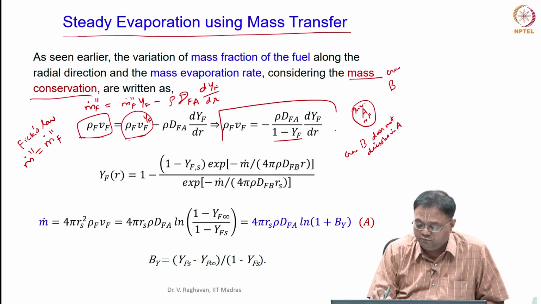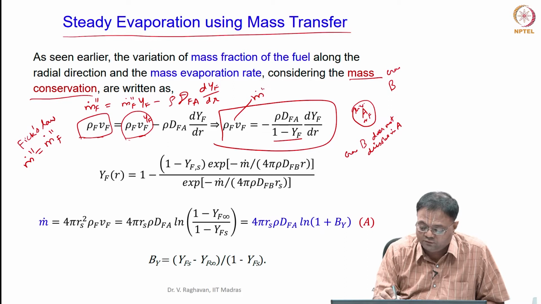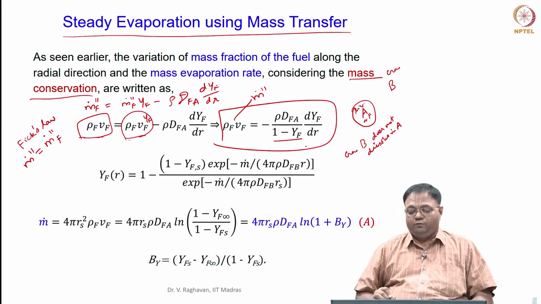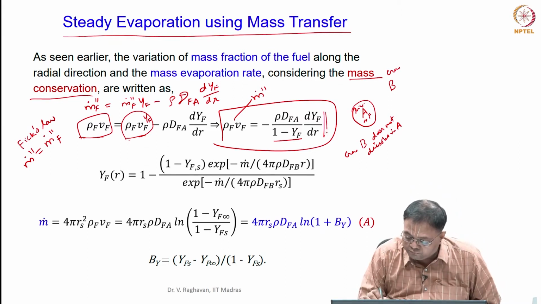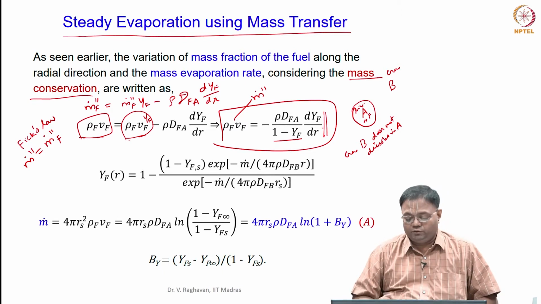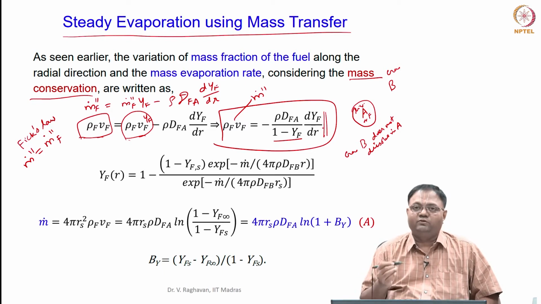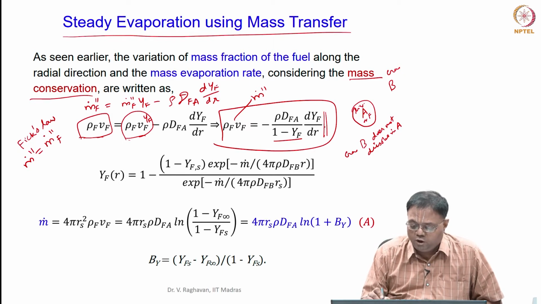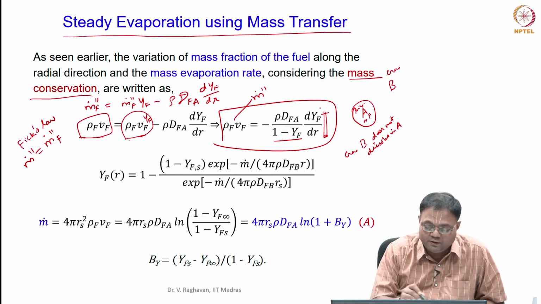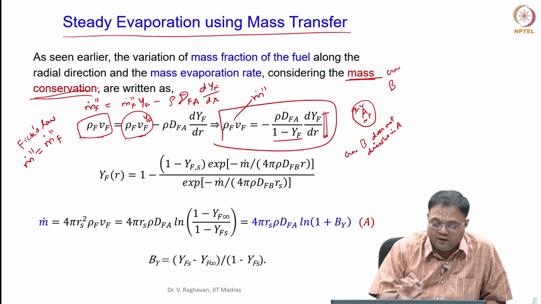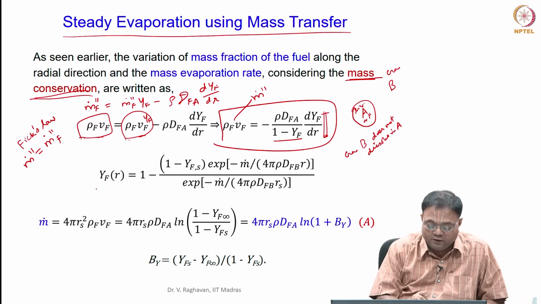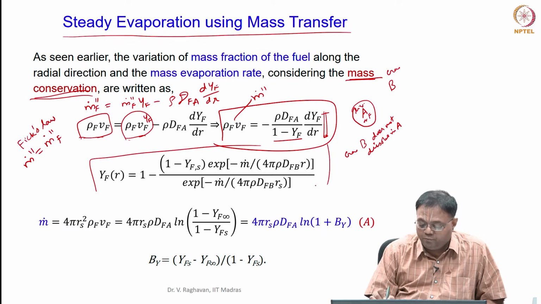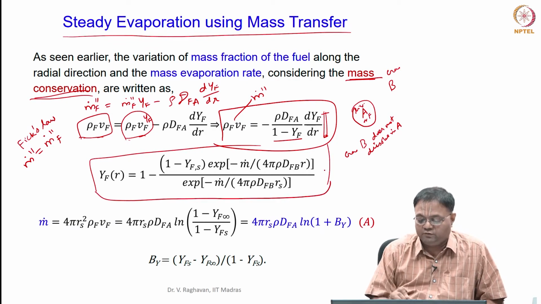So, the total mass flux will be written in terms of the gradient of the mass fraction. If you apply this to the surface, you will know the mass flux. Now, this is the equation we got from the mass conservation, and by integrating this you get the profile of the mass fraction.